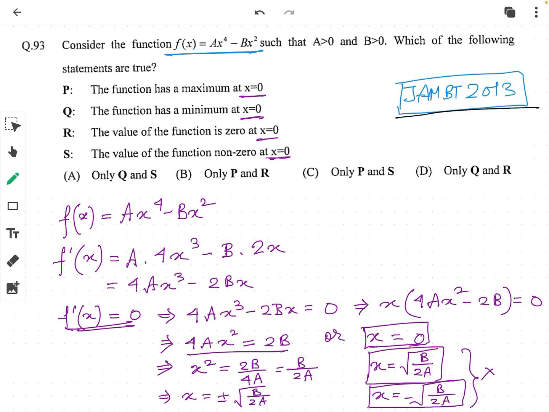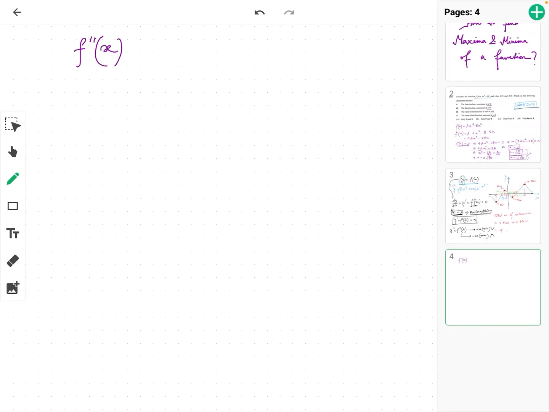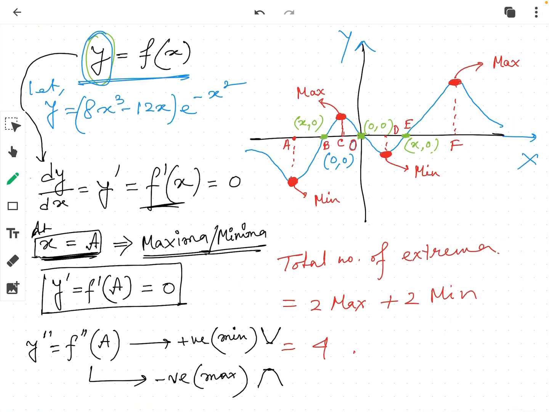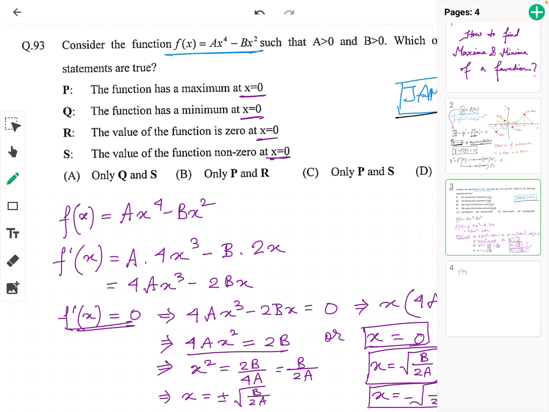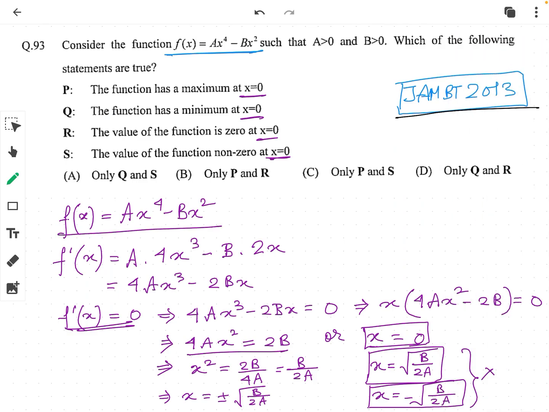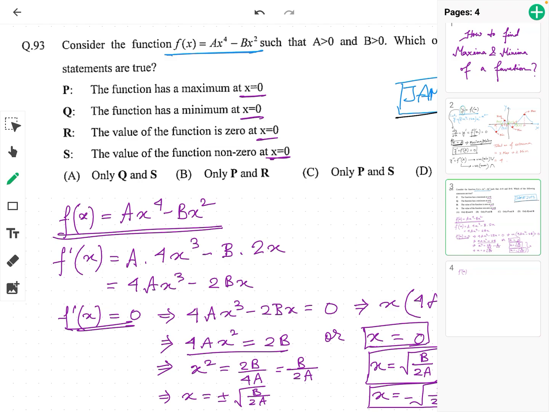So for that, our next step is to find f double prime x, that is the double derivative of this function. So what was our function?